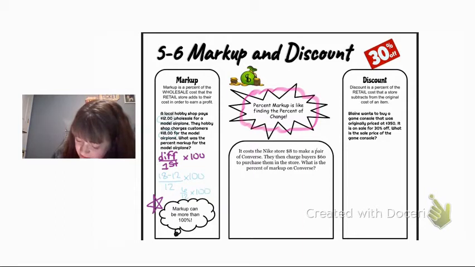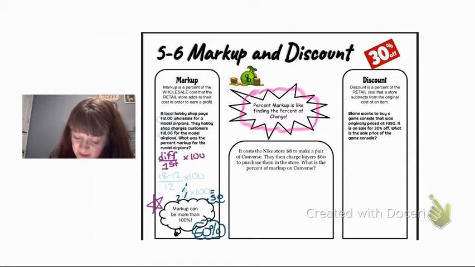So 6 over 12 times 100. And 6 over 12 can be simplified because that's the same as a half. We know that a half as a decimal is 0.5. Then if we move that decimal 2 to the right to take care of the times 100, we get 50%. So this is a 50% markup.